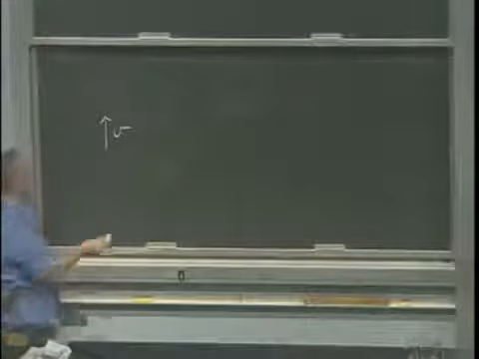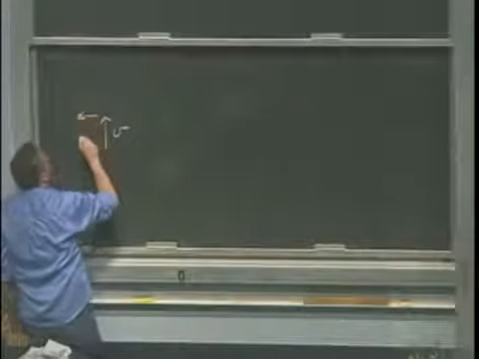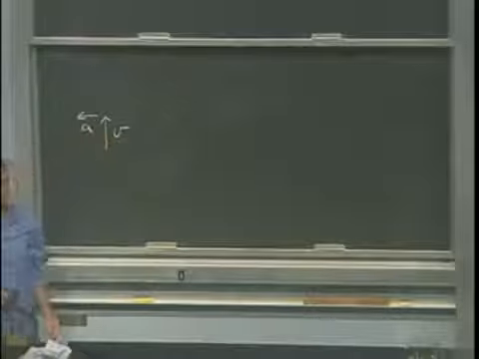The first is that I think we can all understand intuitively that if you've got a velocity vector and you're trying to change its direction, let me draw that over here. If you've got a velocity vector and you want to change its direction, you need an acceleration that's perpendicular to it.